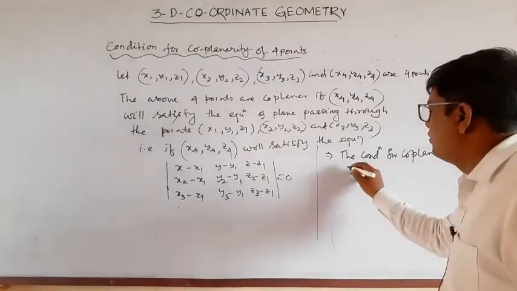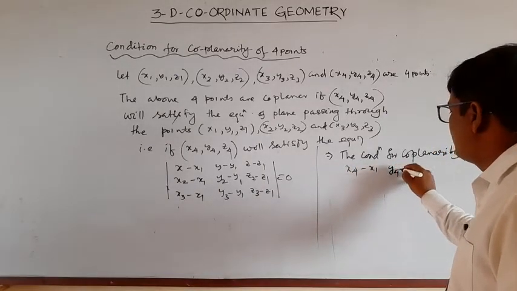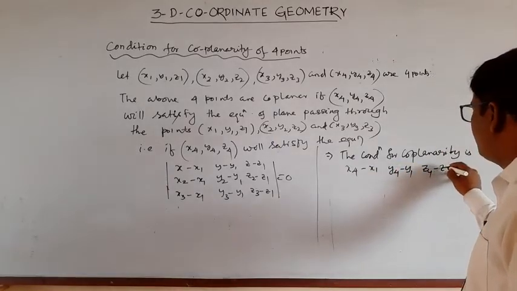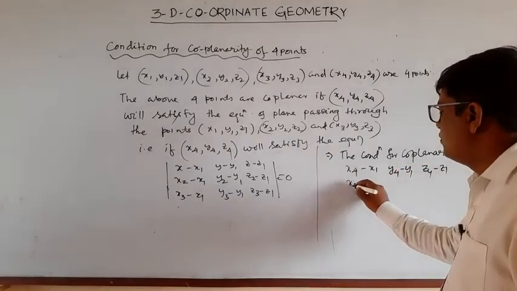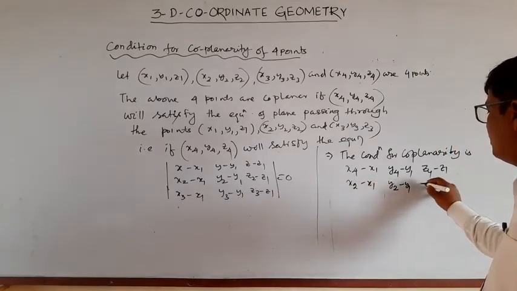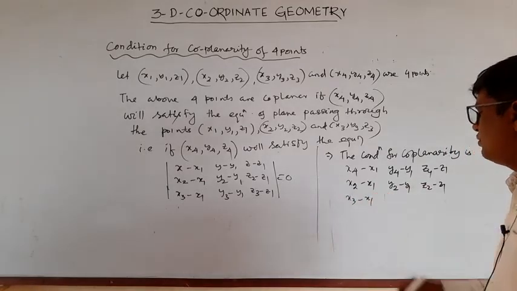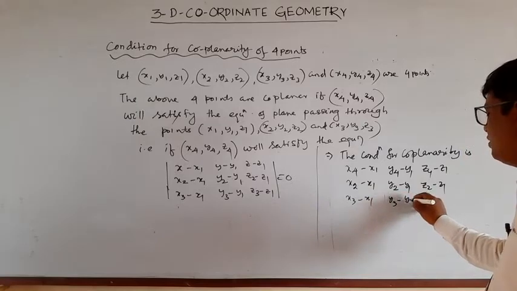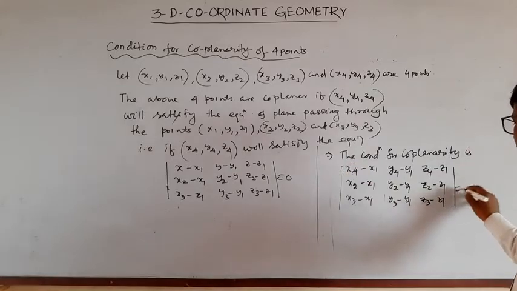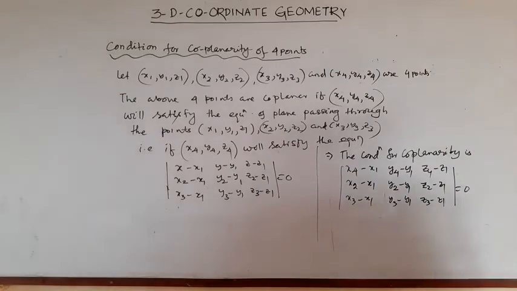Put x is equal to x4 minus x1, y4 minus y1, z4 minus z1, x2 minus x1, y2 minus y1, z2 minus z1, x3 minus x1, y3 minus y1, z3 minus z1 is equal to 0. This is the condition for the coplanarity of 4 points.